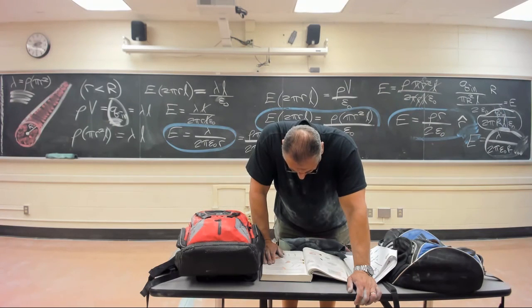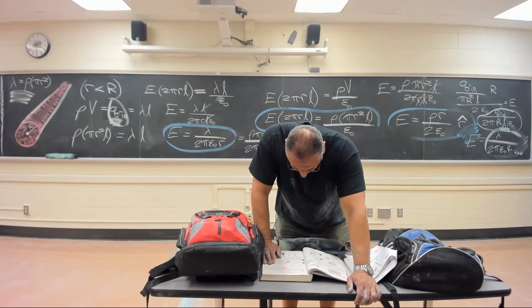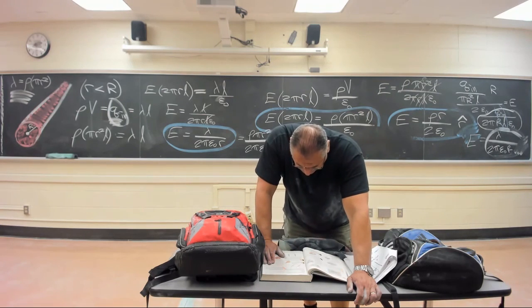Here we go again. For number 34, a very long line of charge with linear charge density lambda is parallel to another very long line of charge with linear charge density negative 2 lambda.